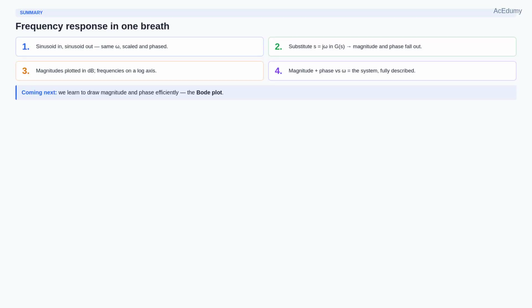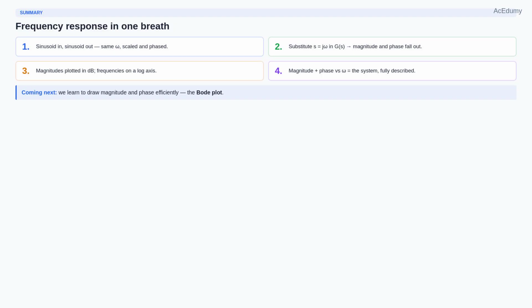Summary: send the sinusoid into a stable LTI system. Wait for transients to die. The output is a sinusoid at the same frequency, with amplitude scaled by the magnitude of g of j omega and phase shifted by the angle of g of j omega. To compute, substitute s equals j omega into g of s.